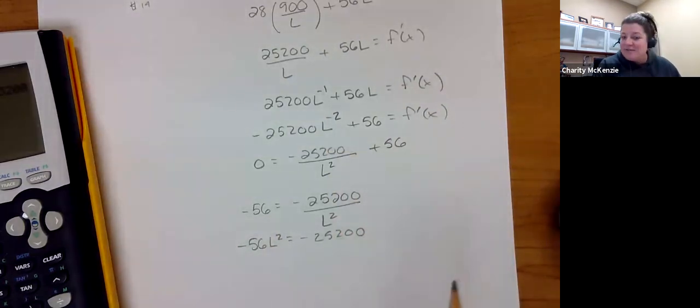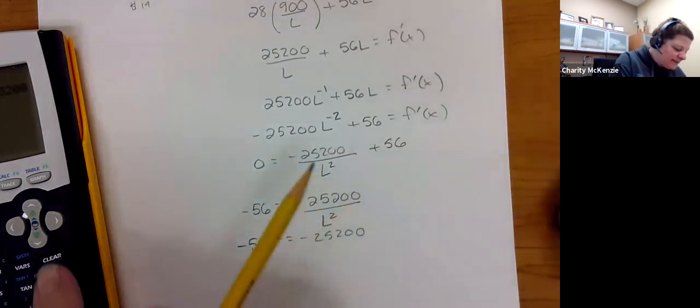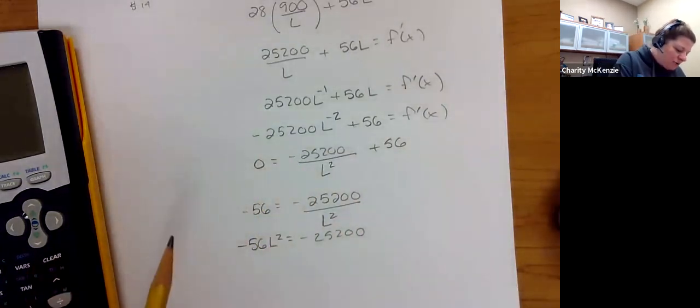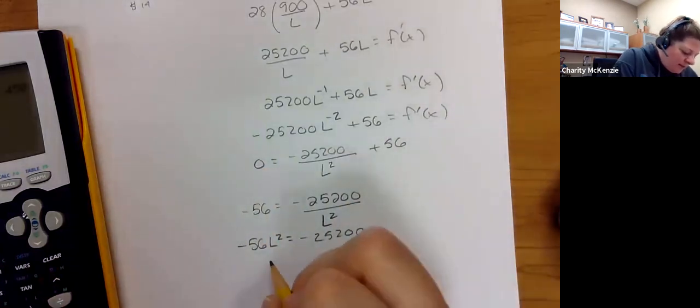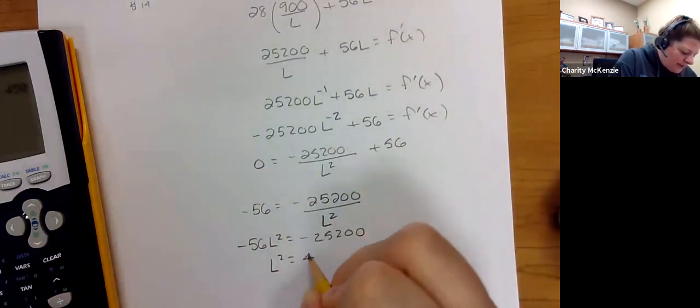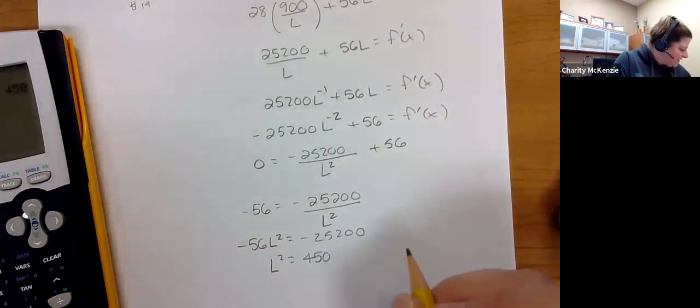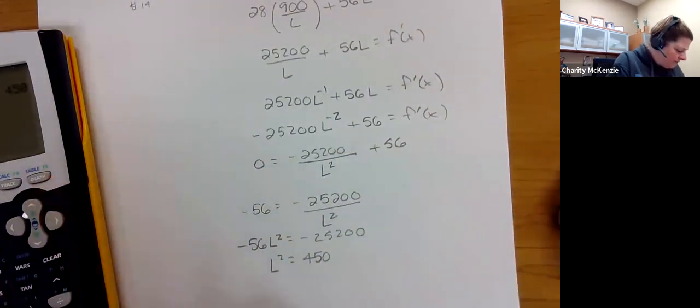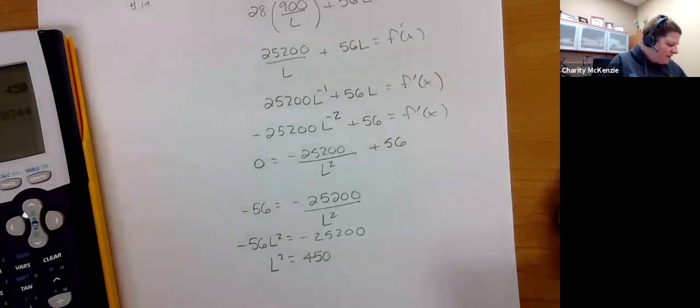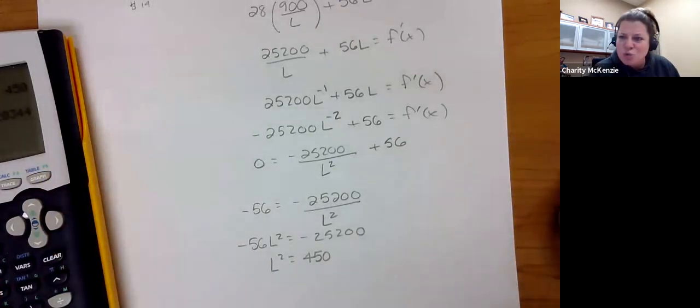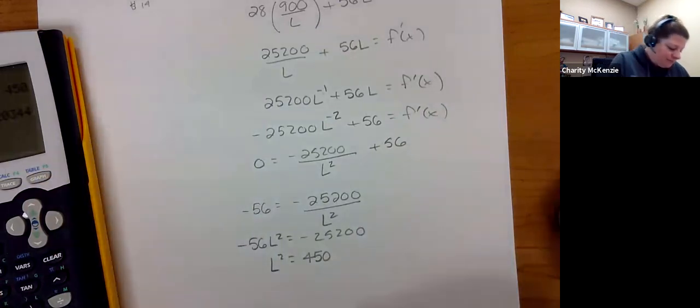I could easily see I divide by the negatives, so two negatives divided is going to be a positive. And I have 25200 divided by 56. I sure hope that's pretty. L squared equals 450. I still don't think that's pretty. So the square root of 450 does not look pretty either. 21.2, not pretty. But let's just use the decimal.